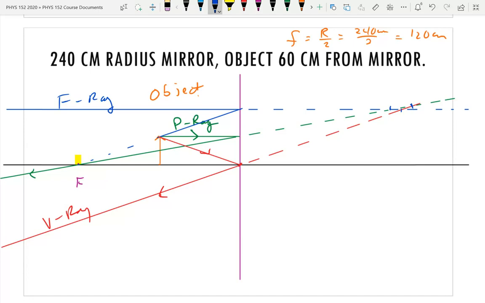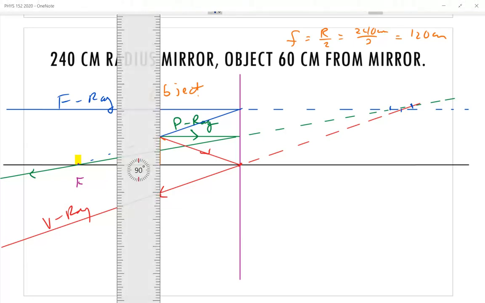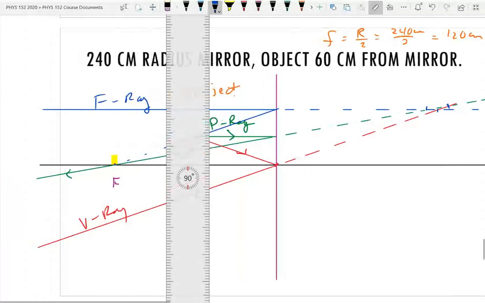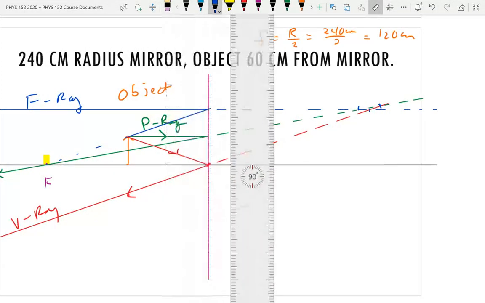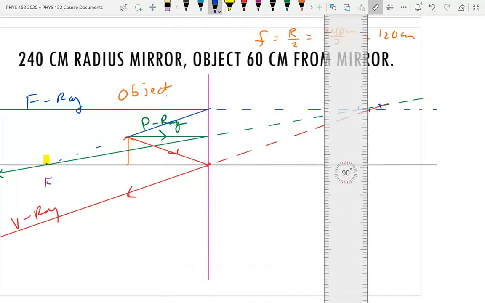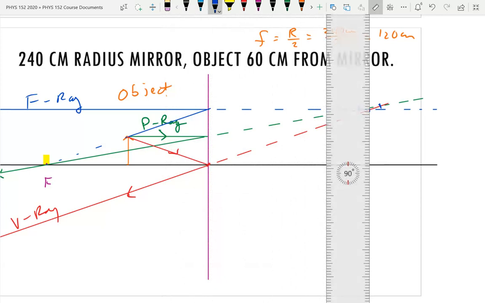I always just say, let's take the intermediate of the 3. Even though I am pretty certain that where the green and blue intersect is probably where it should be, I'm just going to say I did 3 to the best of my ability, even though I have good reason to believe this one's the bad one. I'm just going to go to the middle position between the 3 and draw my image there.